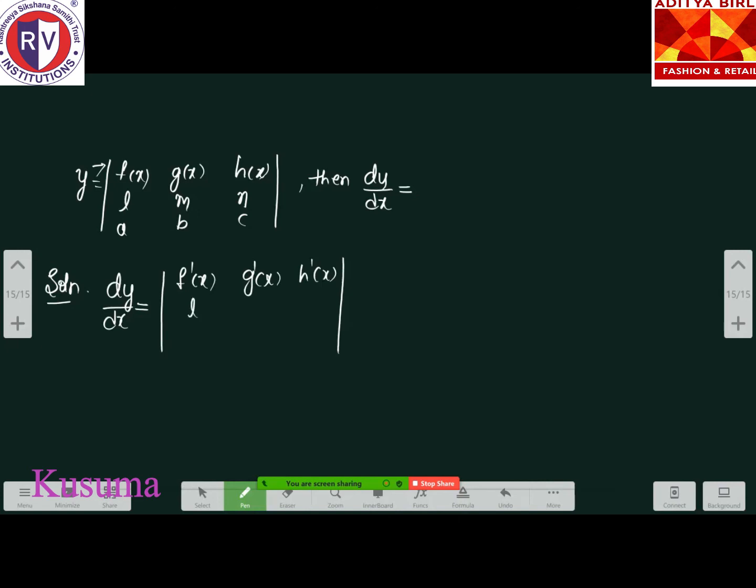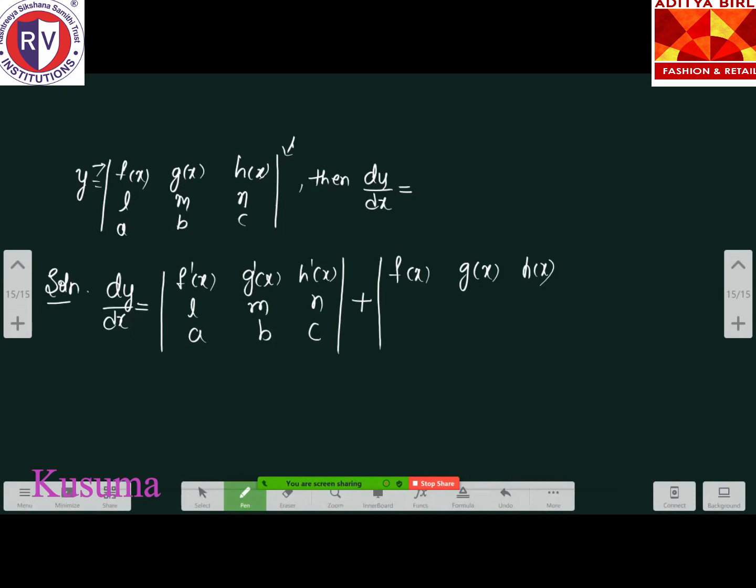You have to write the elements in the second and third row as it is. Then you have to just differentiate the second row in the given determinant and write the first and the third row as it is. So here f of x, g of x and h of x remains same.